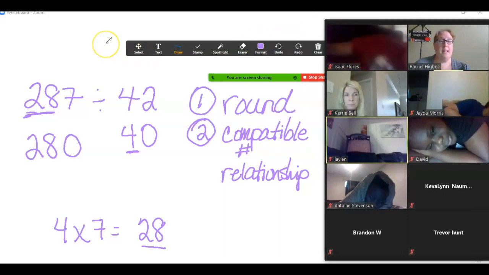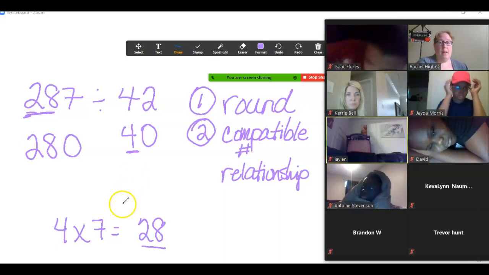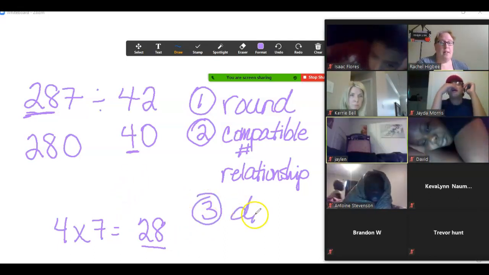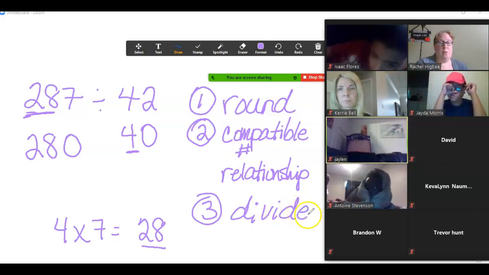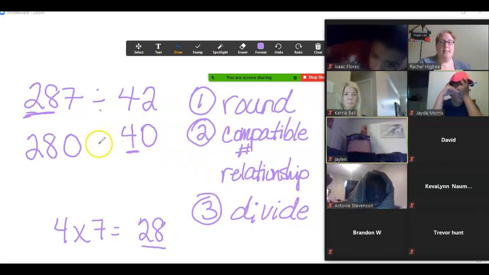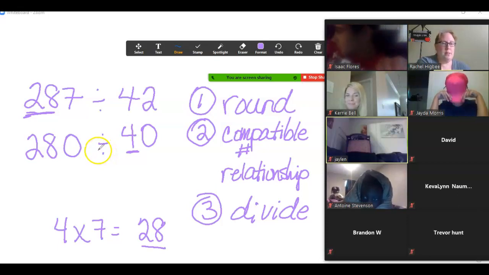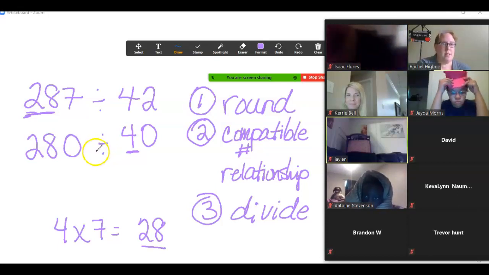So we're okay with that step. All right. So then the last step is to divide. Well, that's where I start looking at zeros. Okay. I've said for a while now, I love when I have zeros because if I know the tricks about zeros, it makes math super easy.